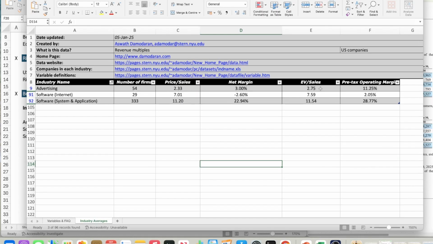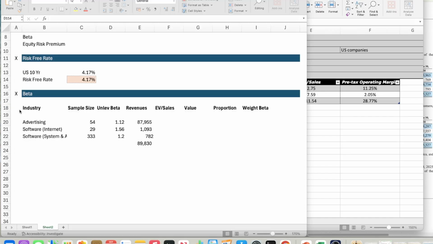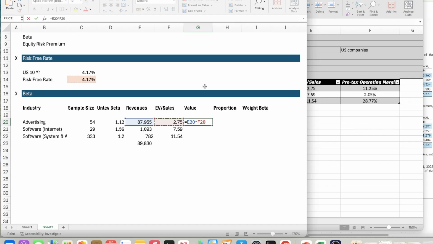So 2.75, 7.59, and 11.54, which means the value of each of these segments is the revenues multiplied by the EV to sales ratio. Just pull it down, then sum.